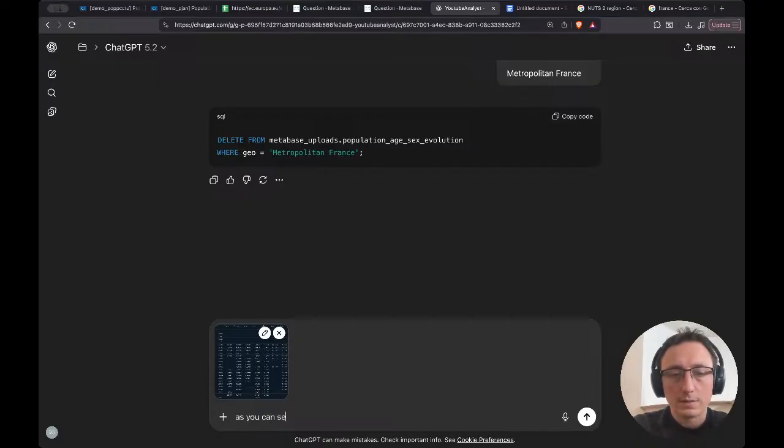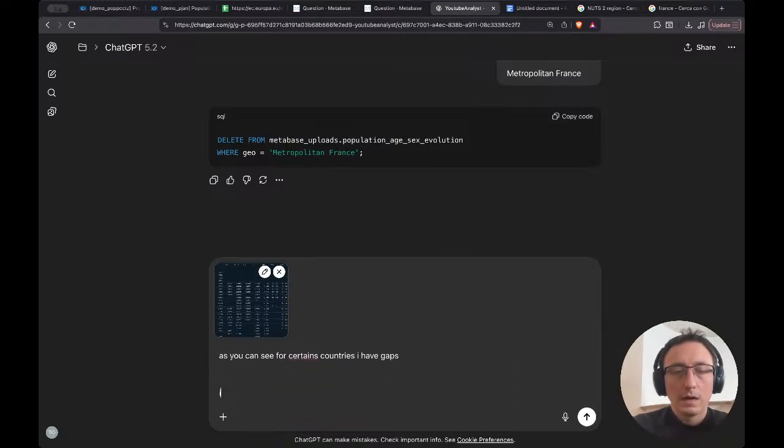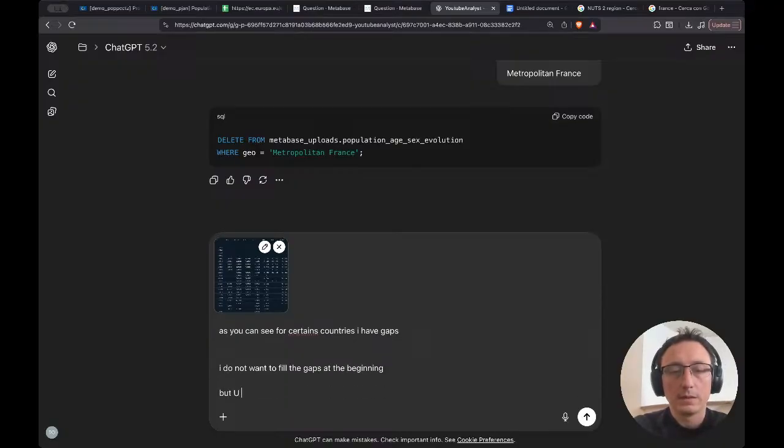As you can see, for certain countries I have gaps. I do not want to fill the gaps at the beginning, but I want to fill the gaps in between.